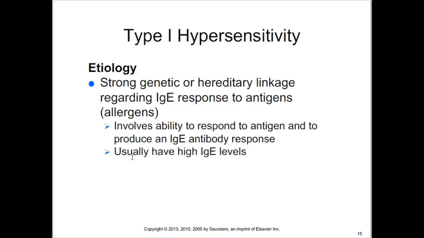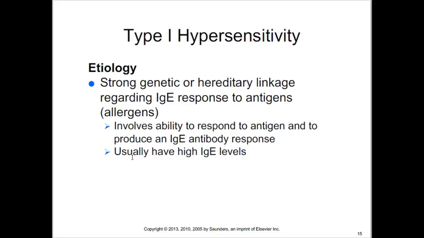So type 1 hypersensitivity. What is the etiology? Usually people with very strong type 1 hypersensitivities have a hereditary or genetic link regarding an IgE response to antigens. In other words, you have an overproduction of IgEs, so very high IgE levels already.